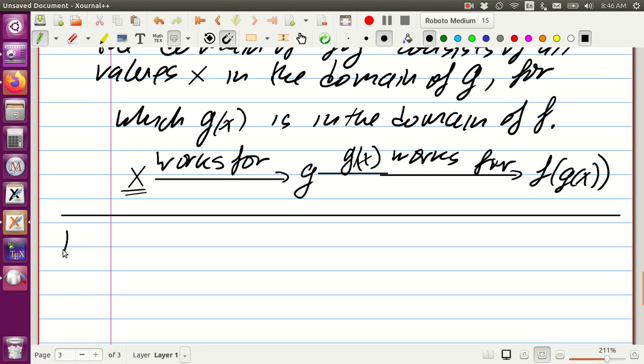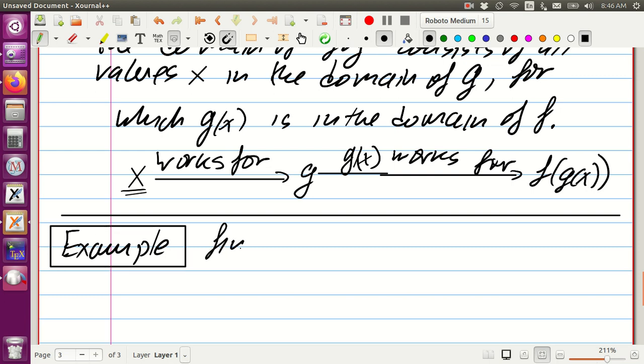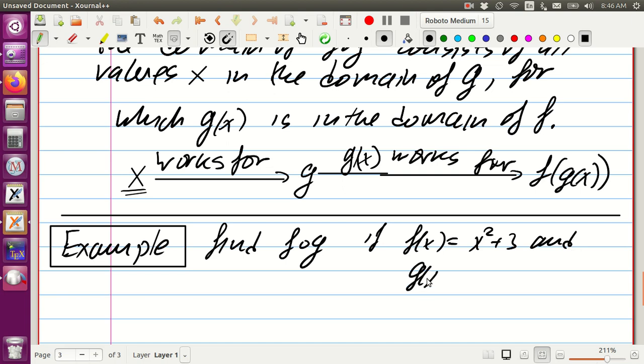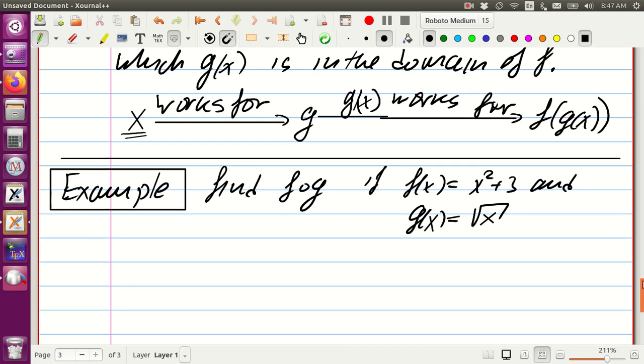So let's do an example for this idea. All right, so this example asks us to find f composed with g if f of x is equal to x squared plus 3 and g of x is equal to square root of x.